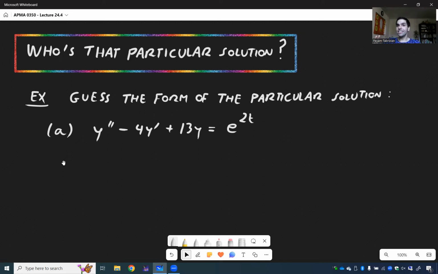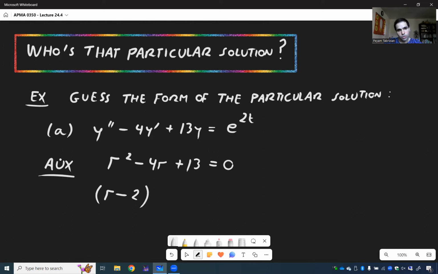In order to do that, let's find the roots of the auxiliary equation. So r squared minus 4r plus 13 equals 0. Feel free to use the quadratic formula, or here I think it's easier to complete the square. So r minus 2 squared, minus the square of that: minus 2 squared is 4, and then plus 13 equals 0.